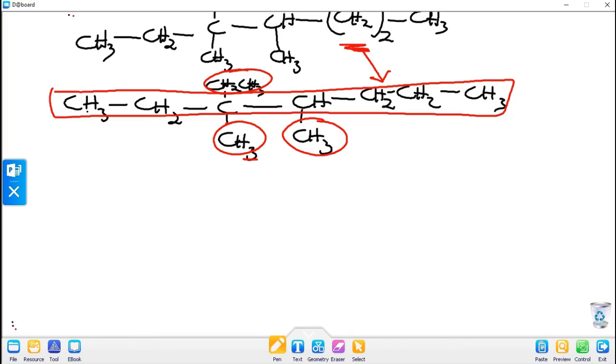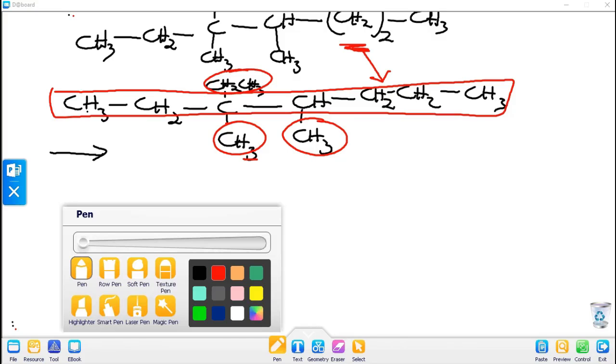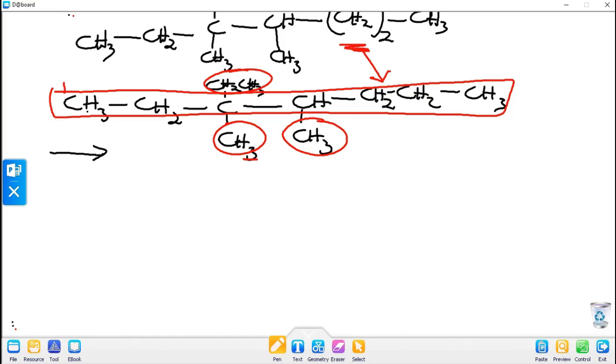The rule says that numbering is done in such a way that the side chains should be given the lowest possible number. So, if we choose to take our counting from the left-hand side, this will become carbon 1.